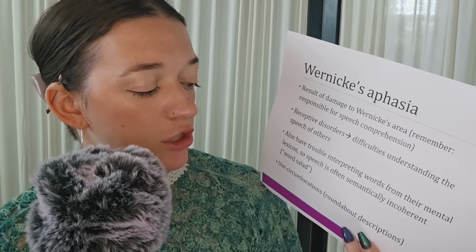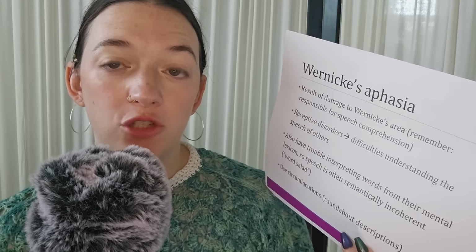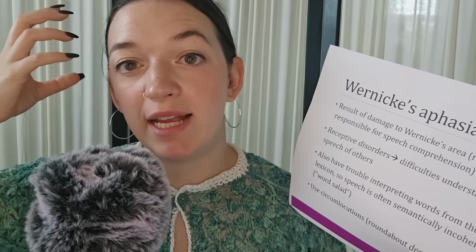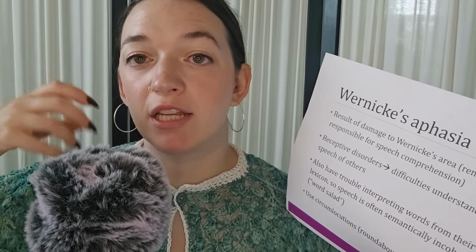They often use circumlocutions, which is a roundabout description, because they're having difficulty retrieving a specific word from their mental lexicon. They may try and describe that word or talk around that word or use circumlocutions to try and get to that word that they are having difficulty retrieving from their mental lexicon.